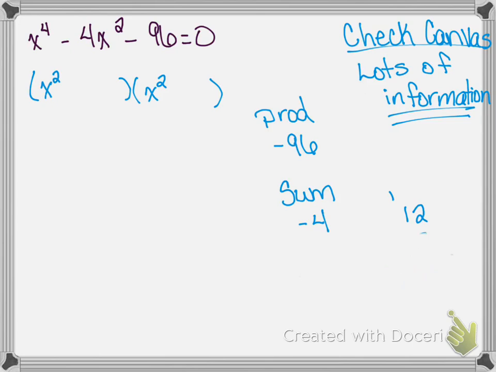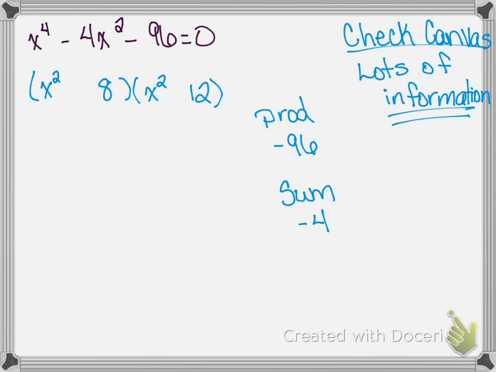So there we go. We've got a product of negative 96 and a sum of negative 4. Now our numbers, we just decided, are 8 and 12. But one of them's negative and one of them's positive. I've got a negative sum and a negative product, so one of my numbers is negative and one is positive.